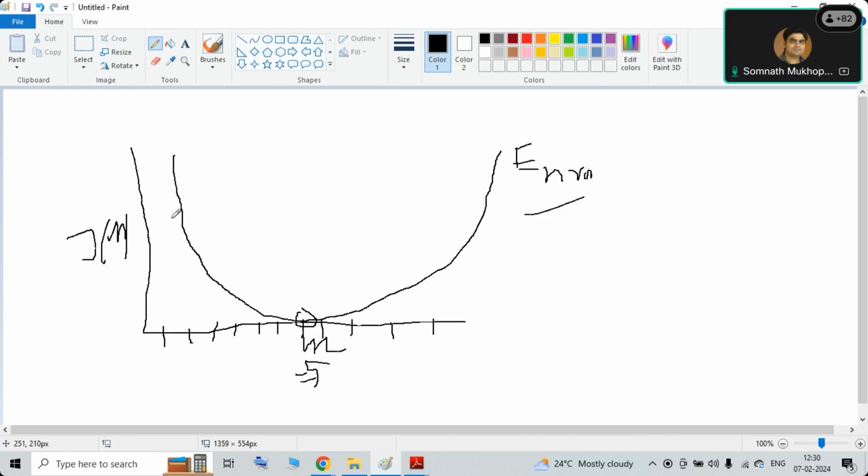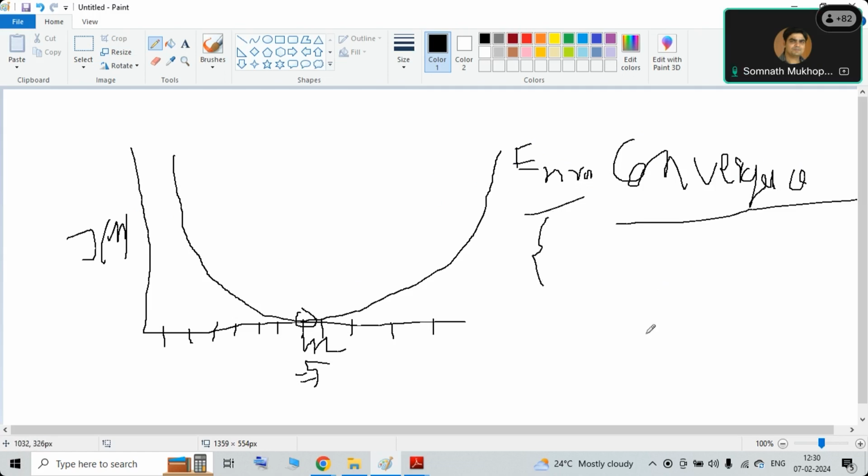How? If we start this algorithm, we may find a convergence theorem here. Suppose the convergence theorem is like this. We have to find an m for which the error is minimum.